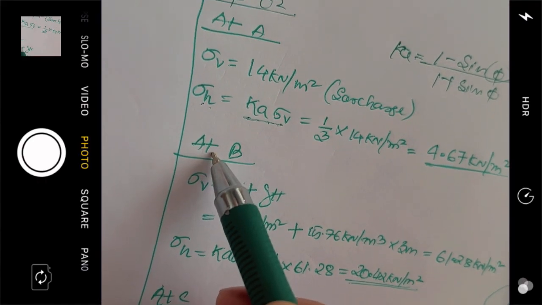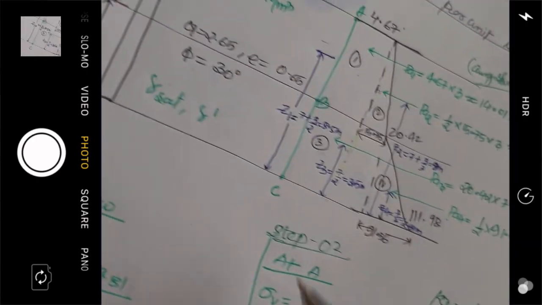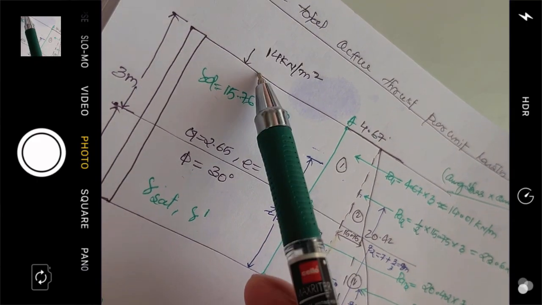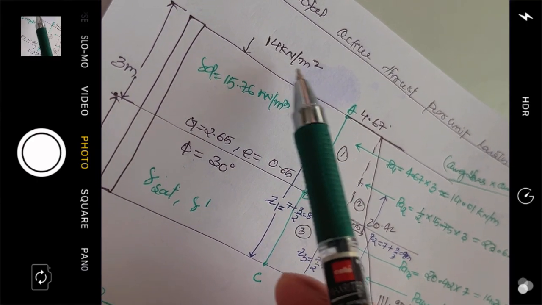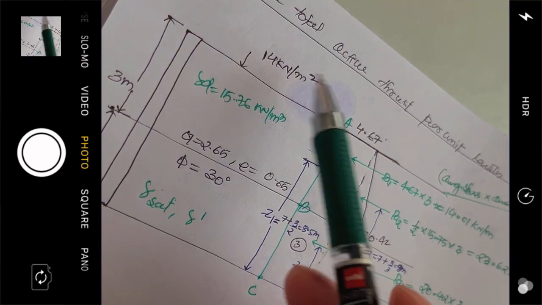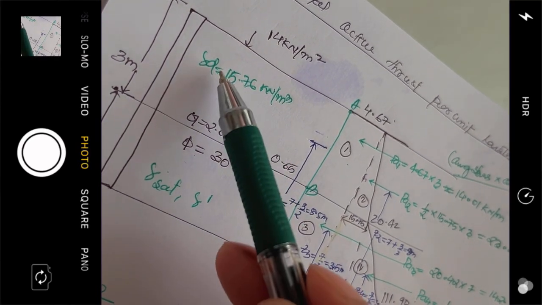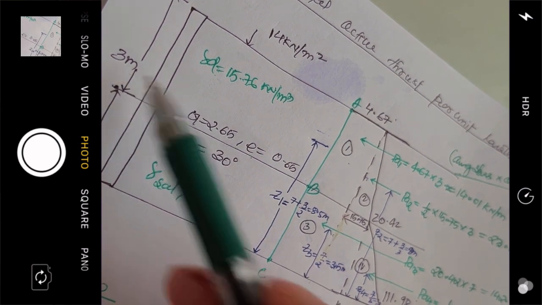At B, we need to see how much vertical load is acting. 14 kilonewton at the very top, and at this point it's going to be gamma dry into 3.